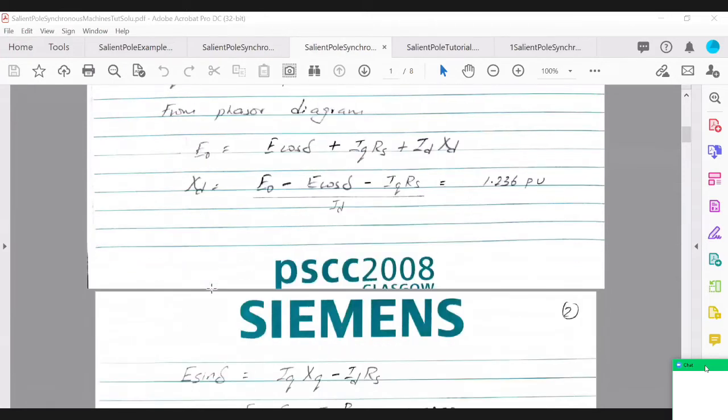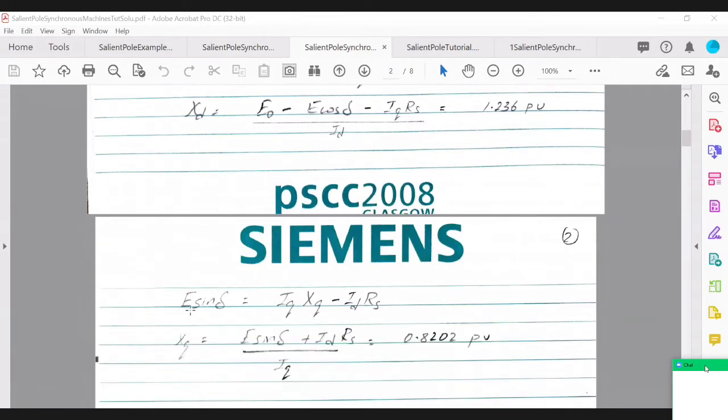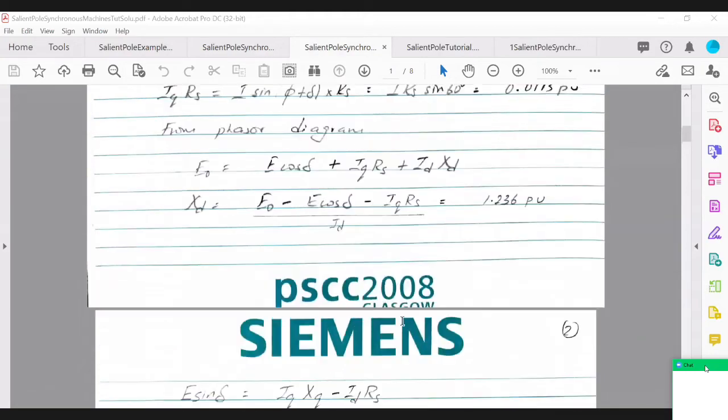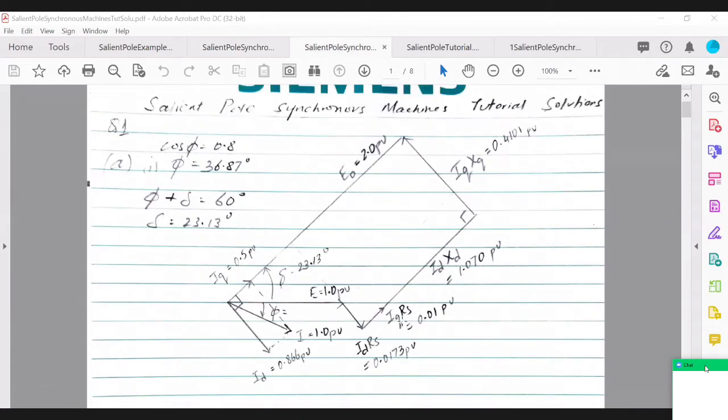Okay, so this is how you get the D-axis reactance. And for the next part, you can see there I've written E sine delta, then it's IQXQ minus IDRS, right? So let's go back to the phasor diagram. So here I've drawn a parallel line here, okay, to this phasor here.